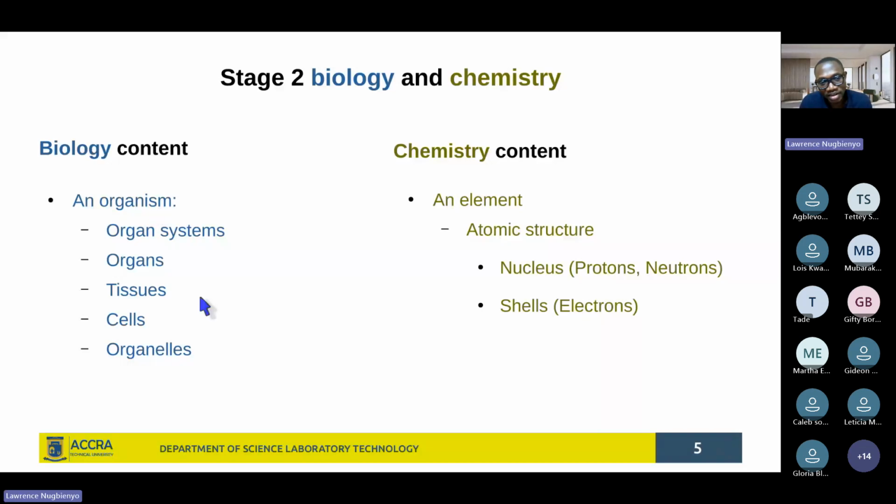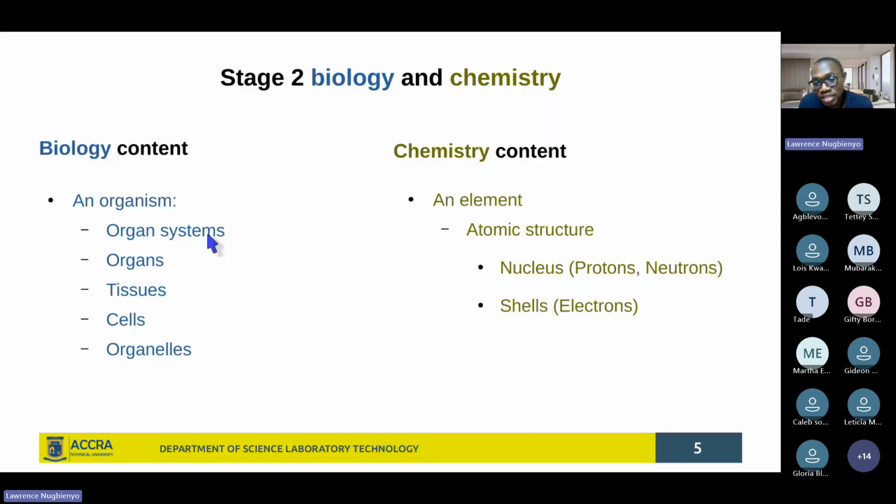You are studying the organism to see the systems that make up the organism. You refer to that as organ systems. So for instance, if you take the human being, you are looking at, say, digestive system, respiratory system, circulatory system, etc.